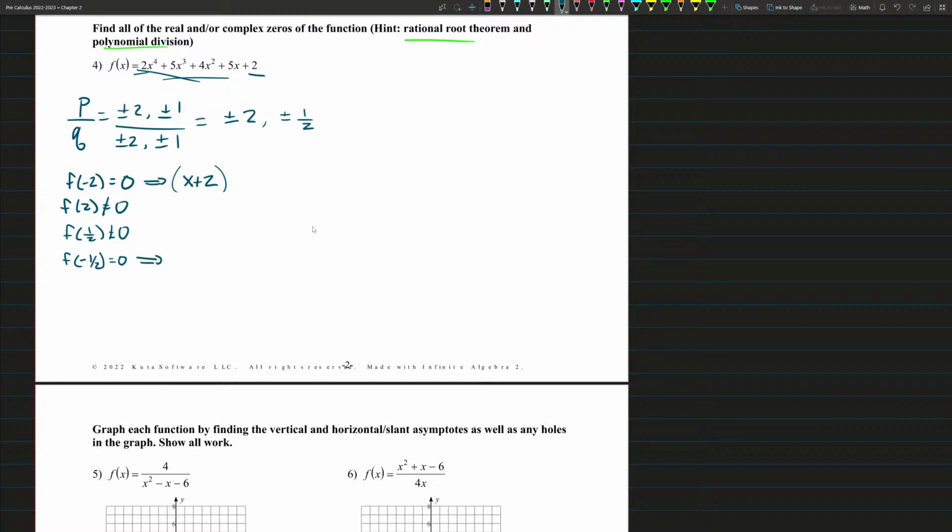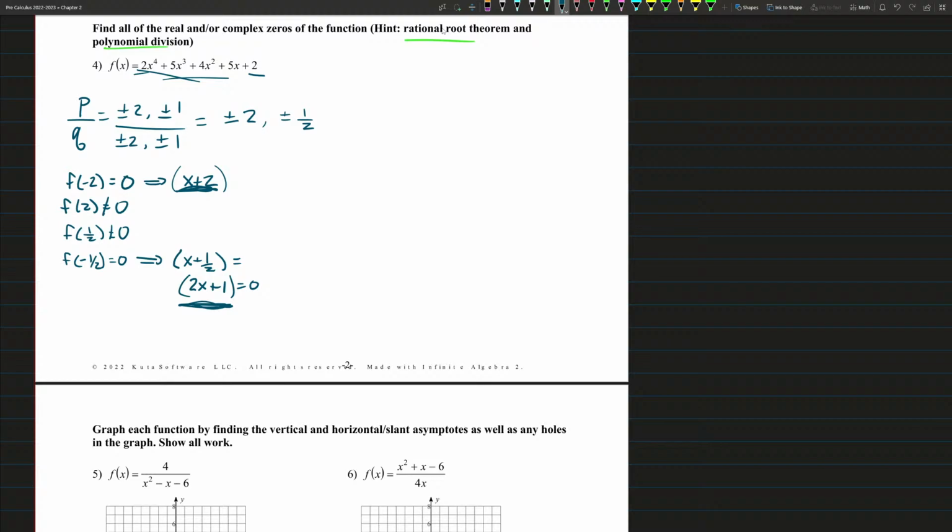So this gives us x plus 2 is a factor, as well as x plus 1/2 is a factor. If we set this equal to 0, I think we could do 2x plus 1, because if we do that, we get negative 1/2. So then this thing is a factor and this thing is a factor.